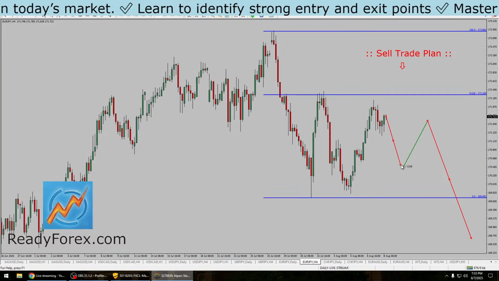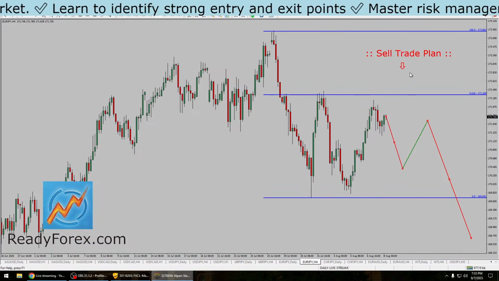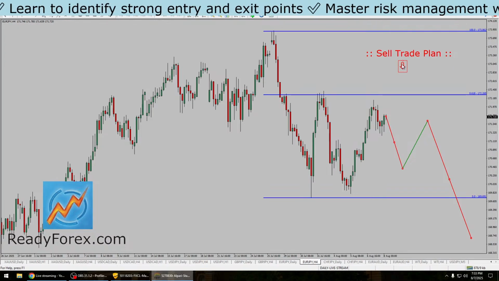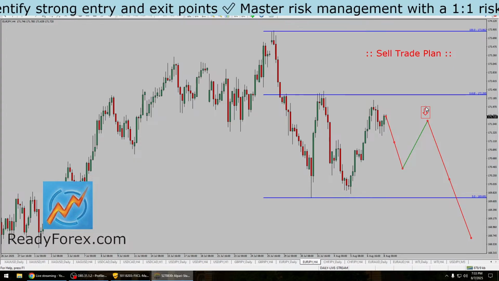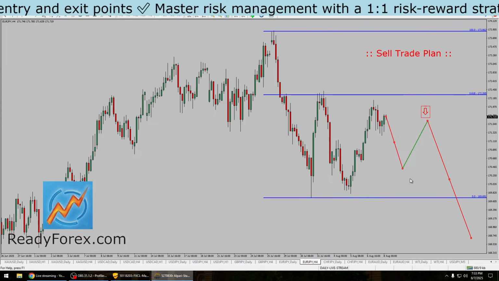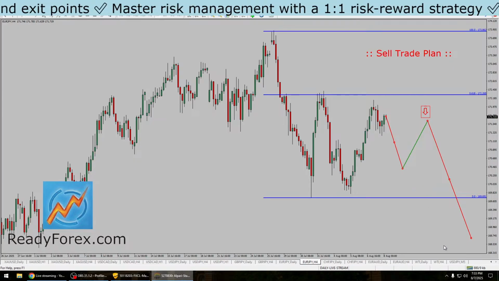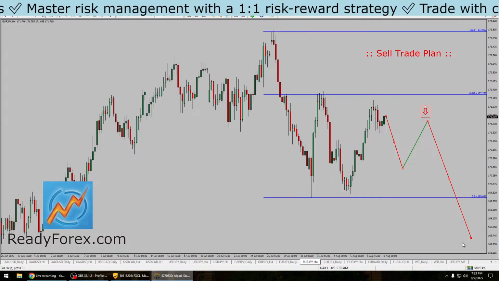So euro versus Japanese yen currency pair, this is the potential sell trade plan over here, and it looks possible that price action is going to first complete this pattern, then expect further weakness in price action of euro versus Japanese yen currency pair.